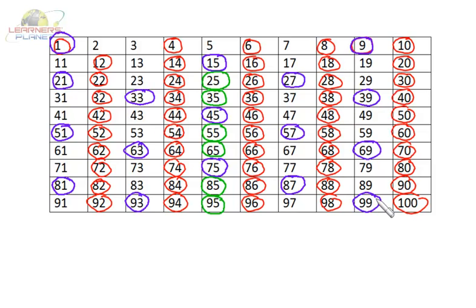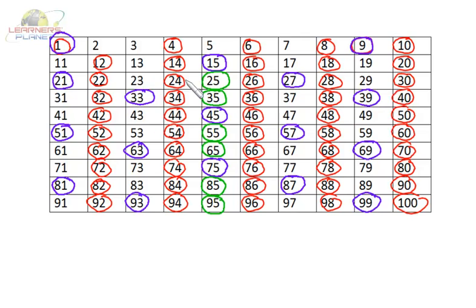Now the next prime number is 7. Let's circle all the numbers which are multiples of 7. So we have to circle every seventh number from 7. So it's 1, 2, 3, 4, 5, 6, 7. 14 is already circled. Now the seventh number is 21, which is also circled.